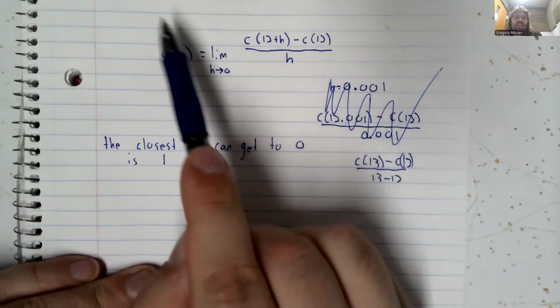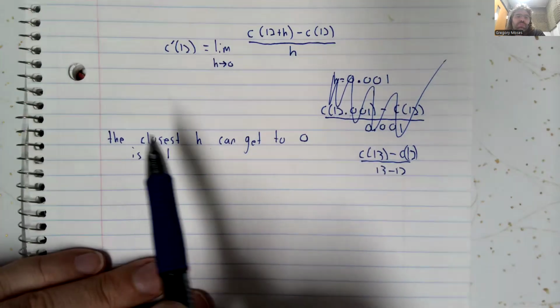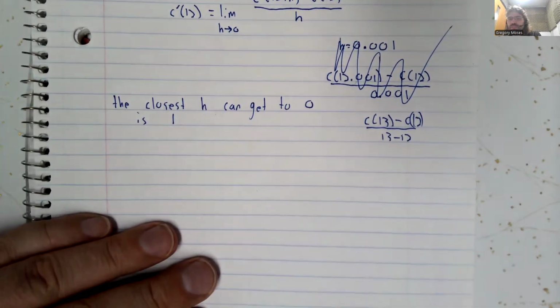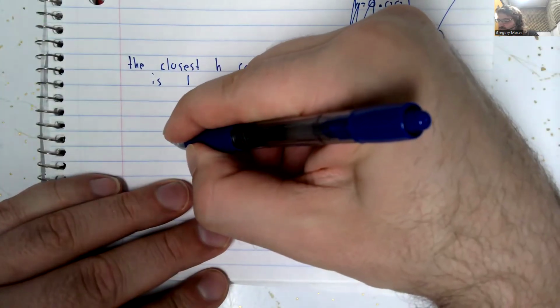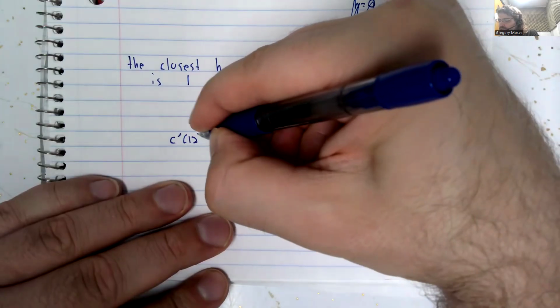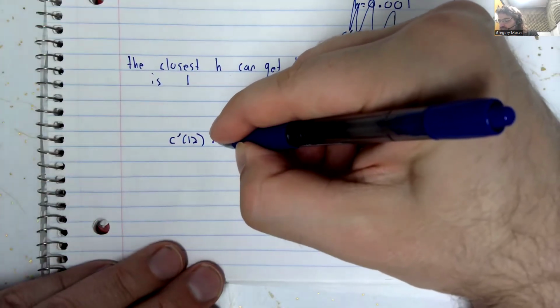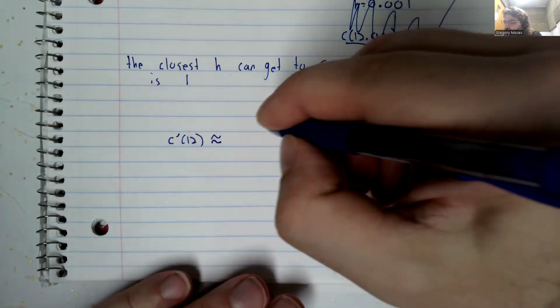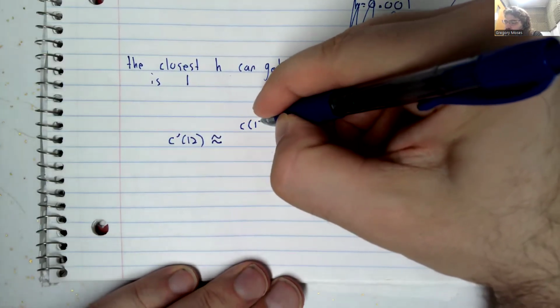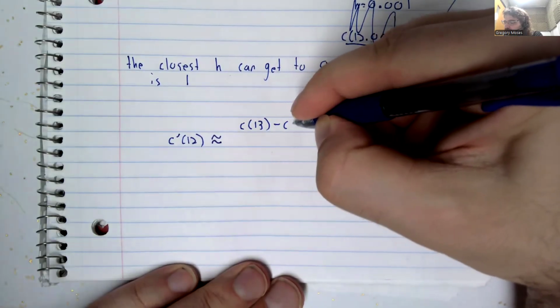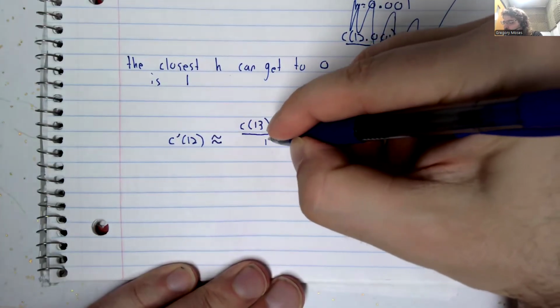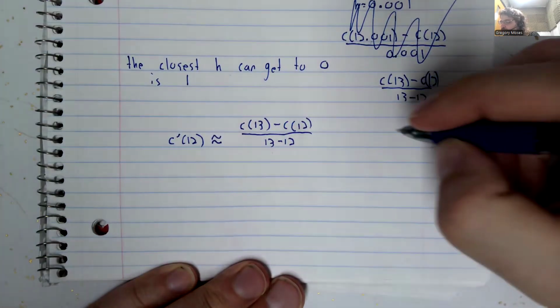Because we're letting h go to 0, but in real-world terms, h can't be less than 1, we say that C prime of 12 is approximately, and we write a squiggly equal sign for approximately, C of 13 minus C of 12, all divided by 13 minus 12.